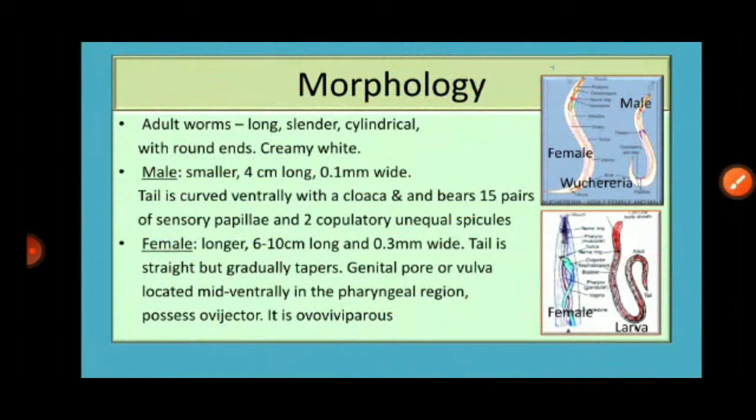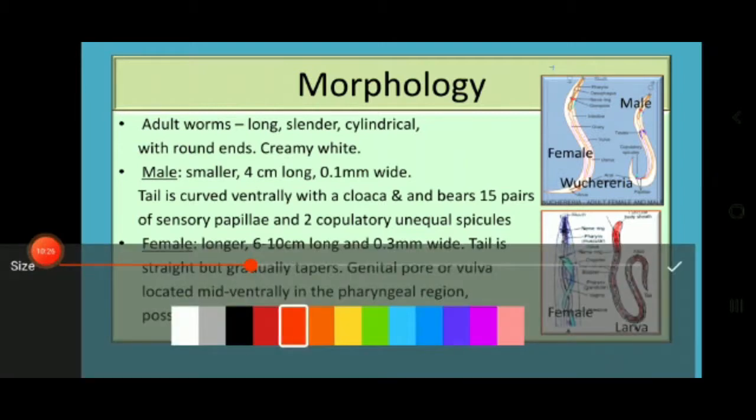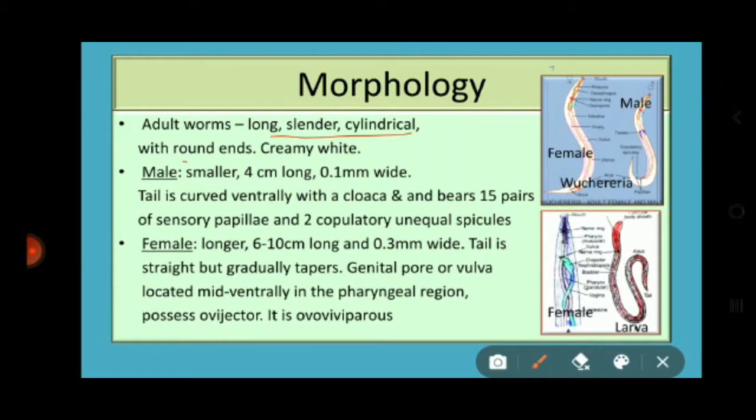When we see the morphology of this parasite, the adult worms look long, slender, and cylindrical with round ends, both anteriorly and posteriorly, and they are creamy white in color.